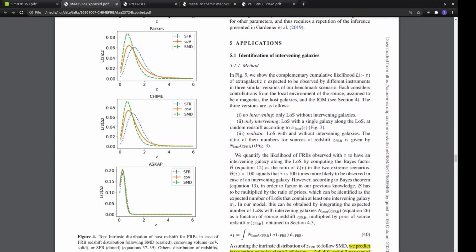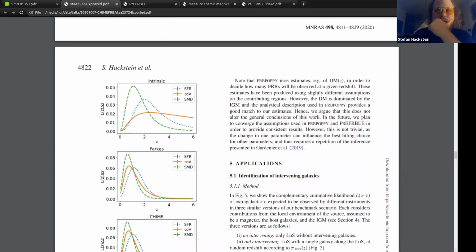Yeah, exactly. Basically you can find all of the details in the paper by David Gardenier, because they are making an investigation to try to pin down these parameters.